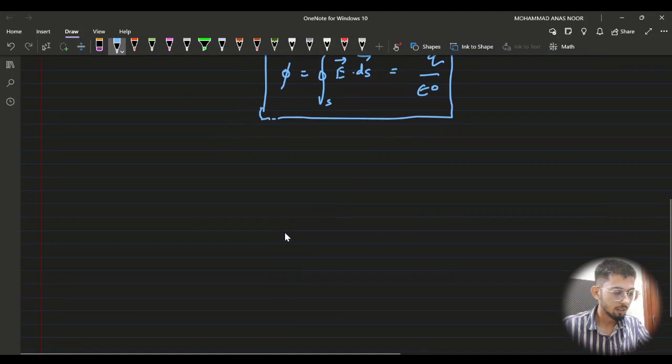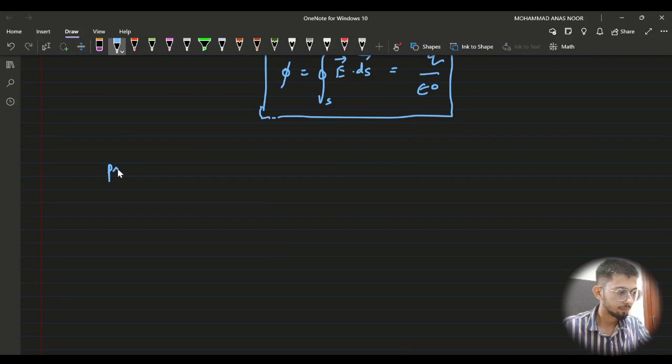Now let us prove this Gauss theorem. Proof, very simple proof. For the proof we will assume something. First of all, we will assume charge q situated inside a surface.